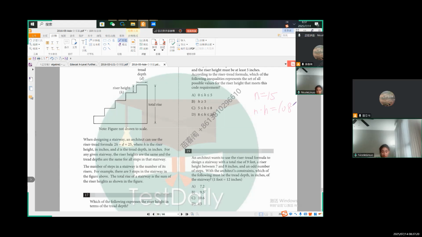Okay. Can you find h then? 7.2. Yes. And then you can use 7.2 in there, so instead of 7 and 8, right?